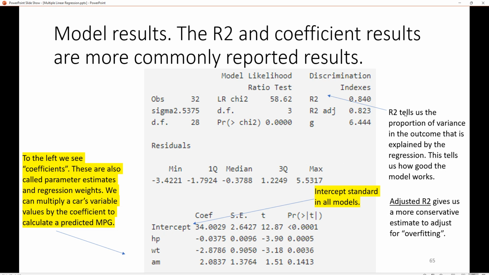On the top right, we again see the R-square, and that tells us the proportion of variance in the outcome that is explained by the regression. This tells us how good the model works. 0.84 is very high. You can use that to actually predict individual expected MPGs for cars. And right below that, we have something called the adjusted R-square, and this gives us a more conservative estimate to adjust for overfitting.